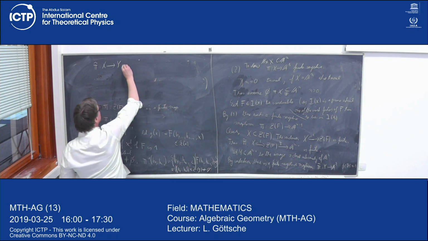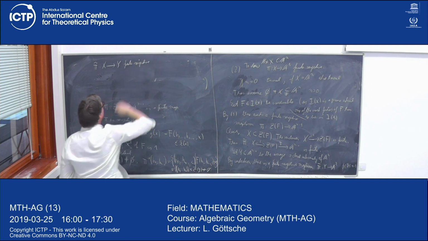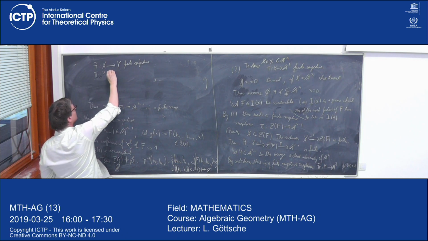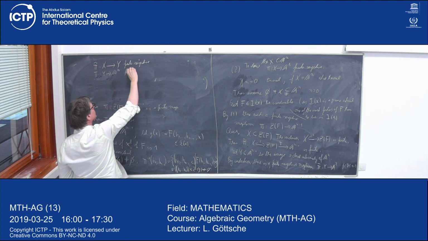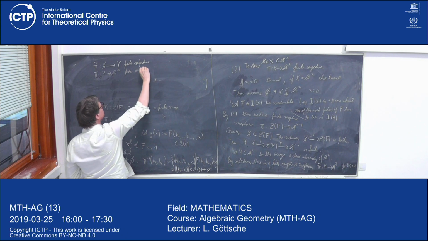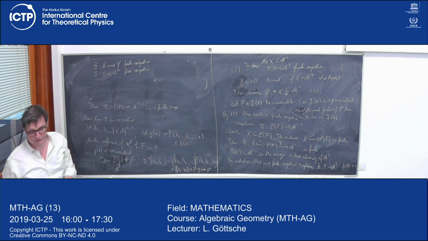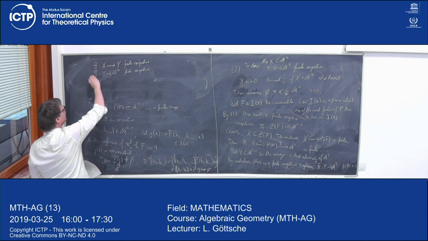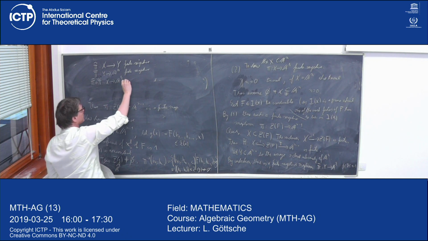So this is finite and surjective. And pi bar from Y to A^k is finite surjective. So the composition of finite maps is finite, and obviously the composition of surjective maps is surjective. So if I take this pi tilde composed with this one pi bar, from X to A^k is finite and surjective.